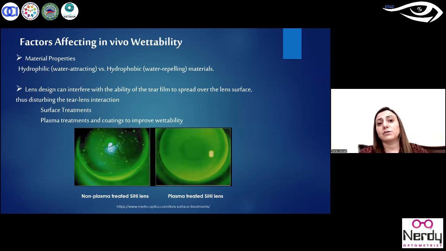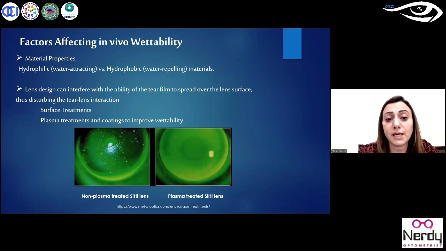Now let's see what factors affect in vivo wettability. We have material properties. It depends on the material, if it's hydrophobic or hydrophilic, and wettability can be induced. Lens design also affects the wettability of the contact lens surface. Regarding lens design, I just wanted to mention silicone hydrogel.